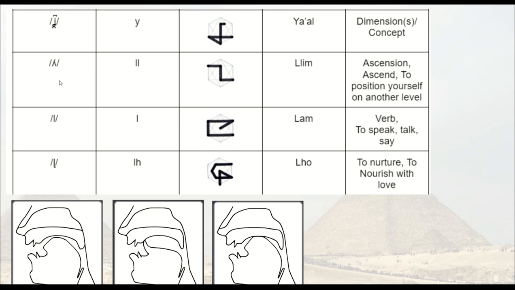Then we have y, with the same place of articulation, the tongue on the hard palate, which means dimension, concept. Liu means ascension, to ascend, to position yourself on another level. Le, just like a regular L, represents the verb to speak, talk, and say. And le, similar to the n from earlier, represents nurture and to nourish with love.